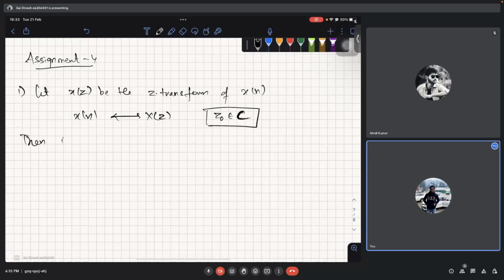Then is x of z naught guaranteed to be finite, to be a finite quantity?